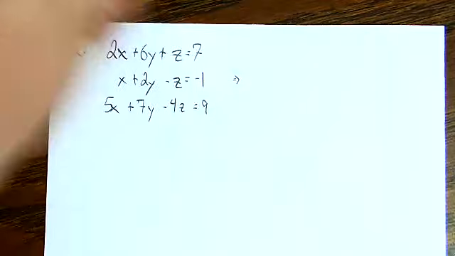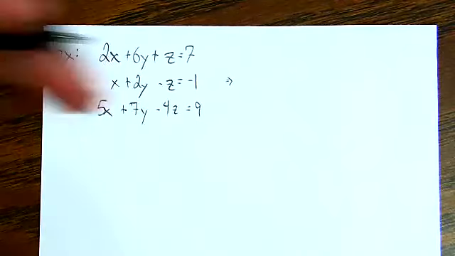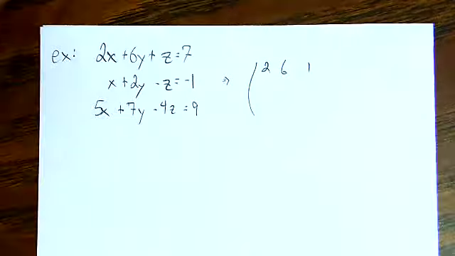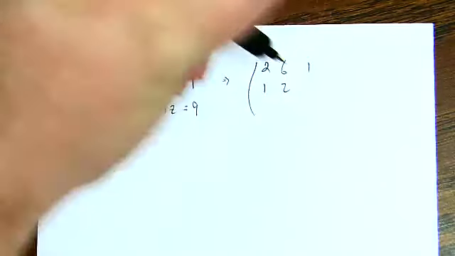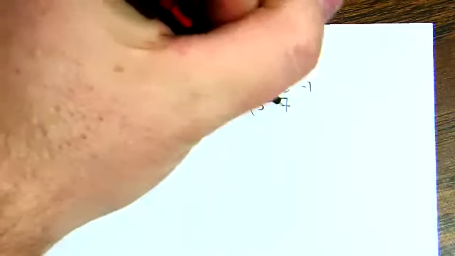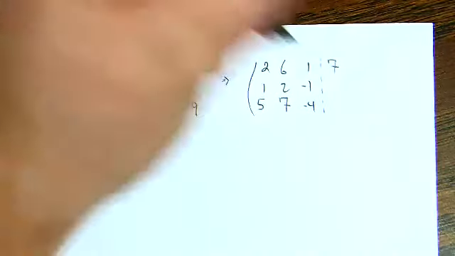What I'm going to do instead is rewrite this as an augmented matrix. This is 2, 6, 1, 1, 2, -1, 5, 7, -4, and this is augmented with 7, -1, 9.